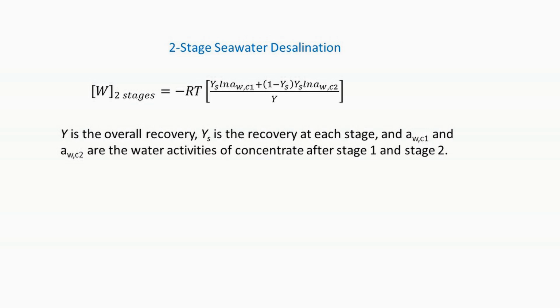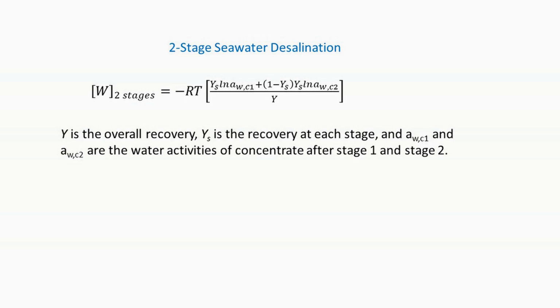If we go back to our previous example of 50% dewatering of seawater, but do it over 2 stages instead of 1, the work term can be expressed as shown here.